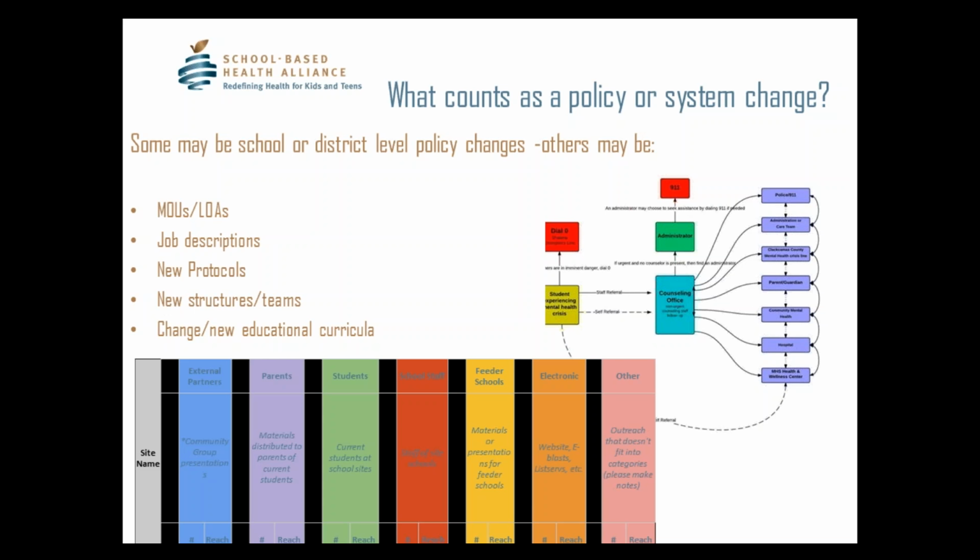Another district level policy could be documenting the provision of student support services. But other things that you could be working on through Hallways to Health that may not necessarily be at the district level are MOUs and LOAs, so Memorandum of Understanding, Letters of Agreement.